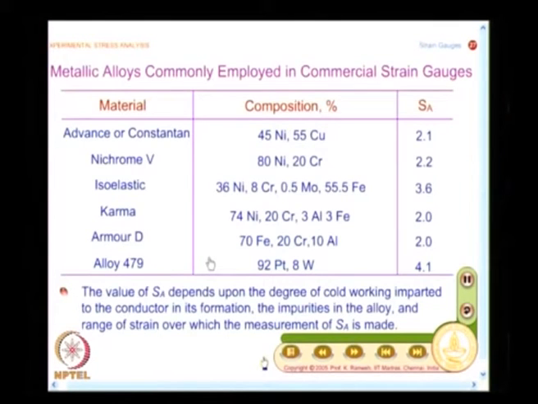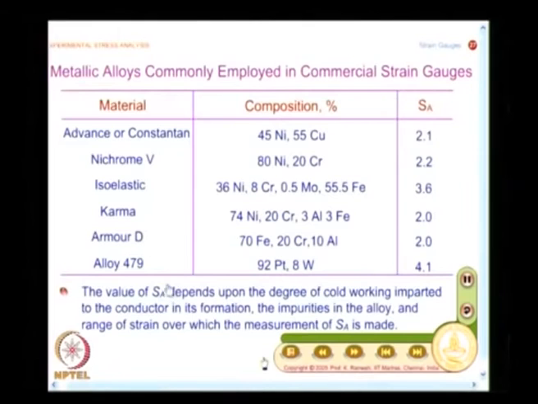So, you need to know the basic difference between some of these alloys, and why a particular alloy is chosen for a particular application. You have reasons given by knowing the properties of these alloys, the salient properties from the strain gauge instrumentation point of view, whatever is important we will look at.